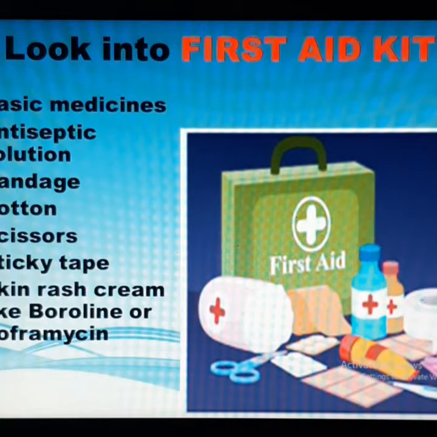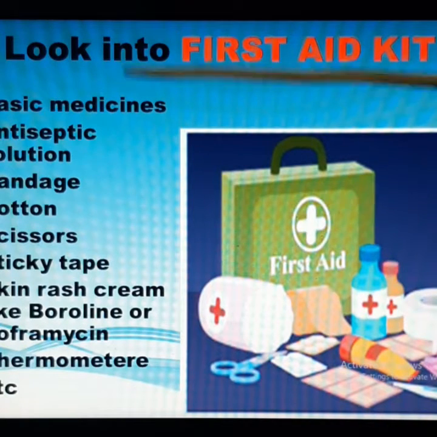Next, skin rash creams like Borolin, Soframycin, which we apply on our wounds whenever we get hurt. Next is a thermometer. If we are not keeping well, if we have fever, at least we can check the temperature with the help of a thermometer. So these are the things your first aid kit must have.